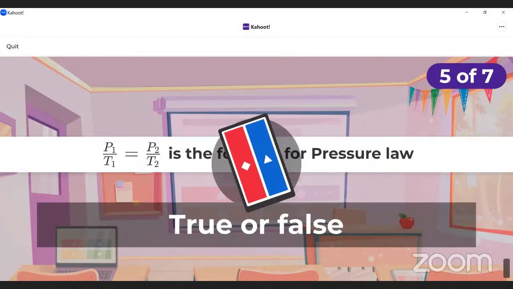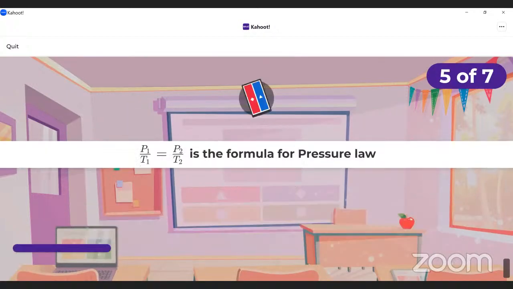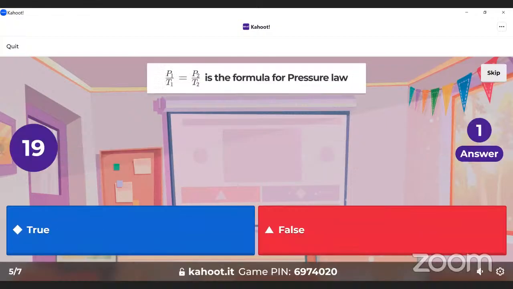Two more. So you have true and false here, right? I'm adding some calculations here, right?